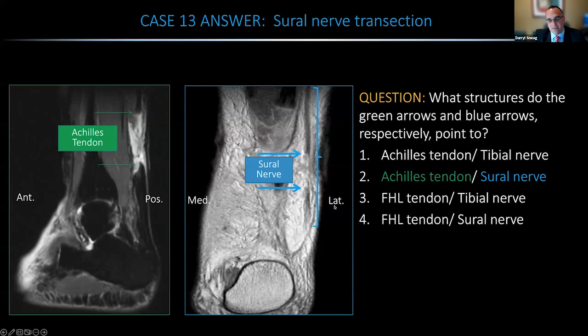We're on the lateral side. The tibial nerve will run medially. In the lateral aspect and posterior, you have the sural nerve running adjacent to the Achilles tendon. So unfortunately, the glass lacerated both the Achilles tendon and the sural nerve as well. Again, the clue is we're in the lateral region of the distal lower leg, just above the ankle.